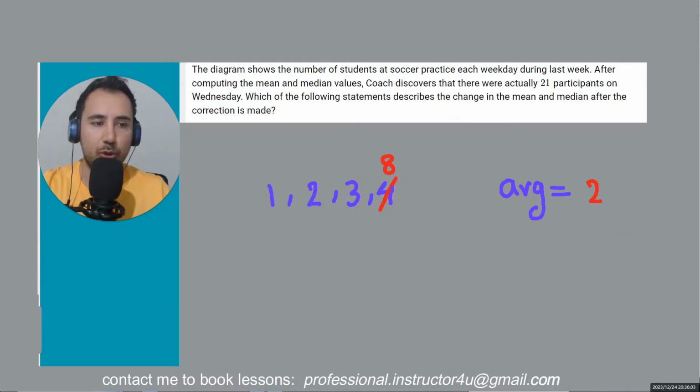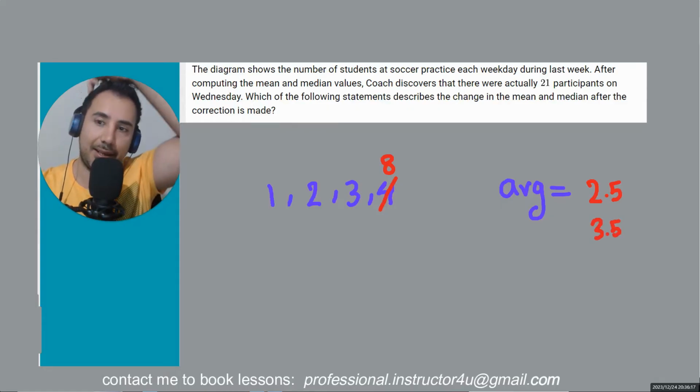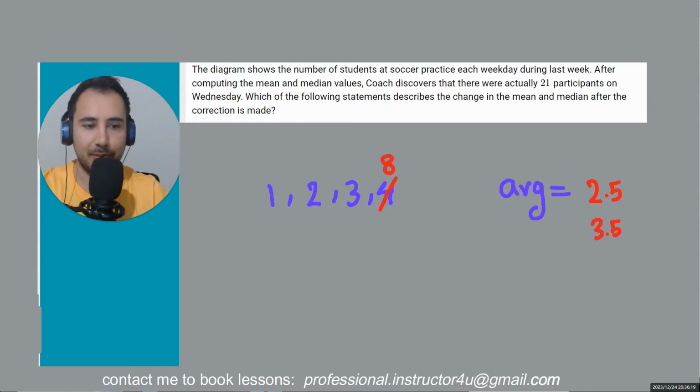Remember, the average was 2.5. Now that I replace the 4 with 8, the average will become 3.5. And you don't even have to calculate it. How do I know? Now the average is 2.5, right?